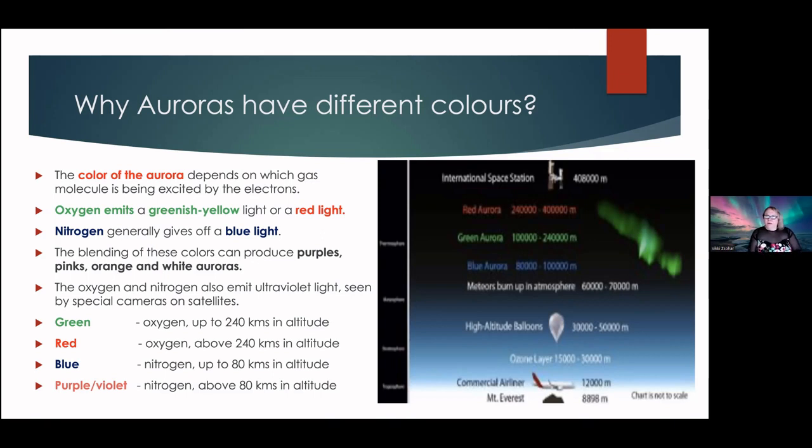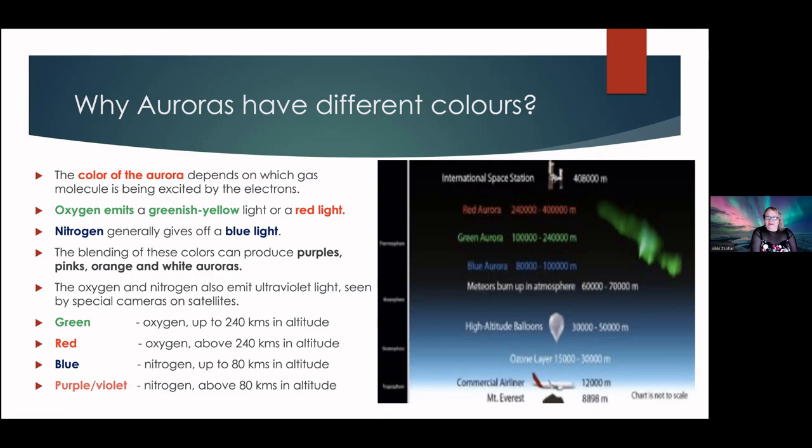So you can see that the International Space Station is at about 400 kilometers high. The red auroras are a little bit lower than that, green auroras lower, the blue auroras even lower. And it is interesting that the auroras appear higher when compared to where meteors light up in the atmosphere.